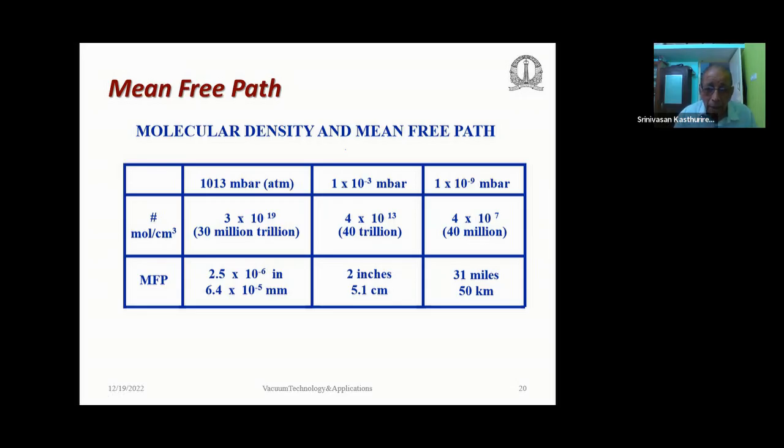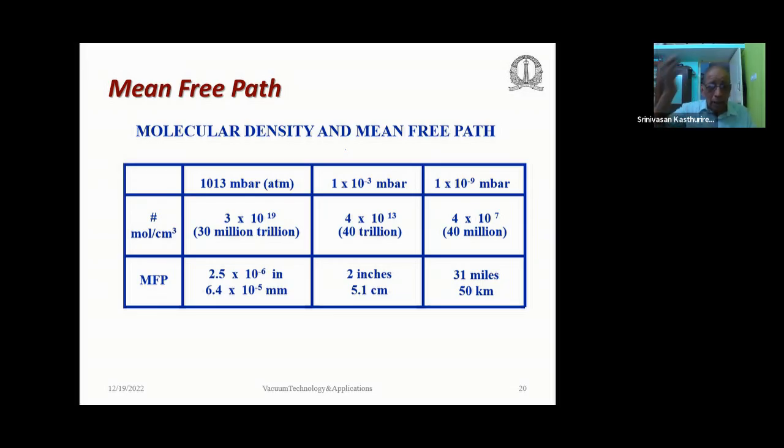That is 30 million trillion gas molecules. Okay, very large number of molecules. Now suppose I reduce the pressure by 6 orders of magnitude. So I am going to 1 into 10 raised to minus 3 millibar. In such a case, the number of molecules present is 40 trillion. Okay, we are coming down in the number of molecules.